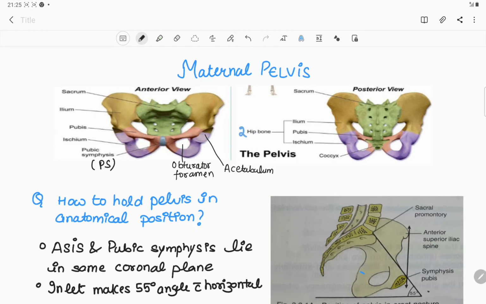See, on the right side of the picture, as you can see, the maternal pelvis is formed by 4 bones: 2 hip bones, also called innominate bones, 1 sacrum and 1 coccyx. Hip bone consists of ilium, pubis and ischium.